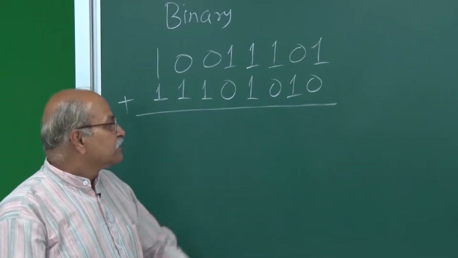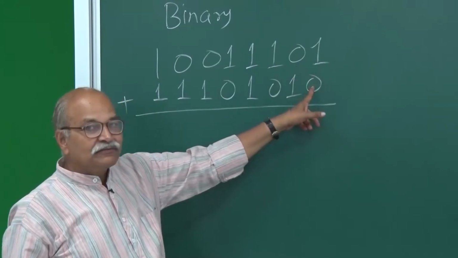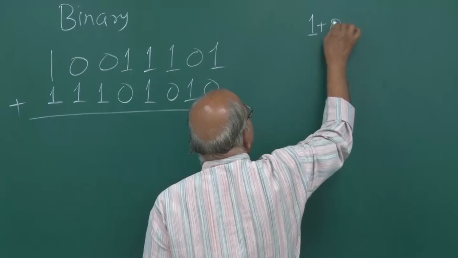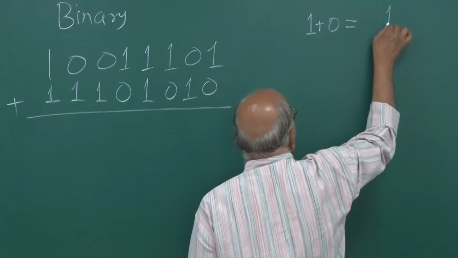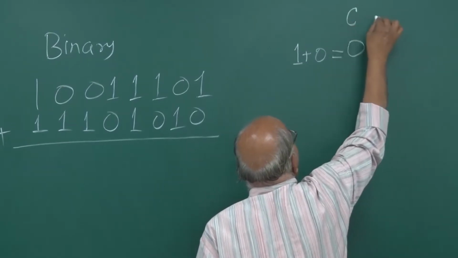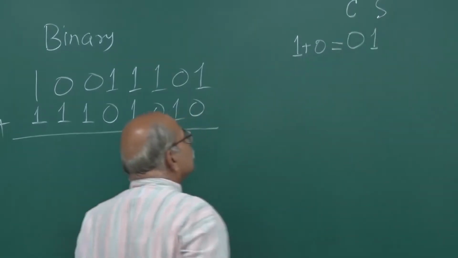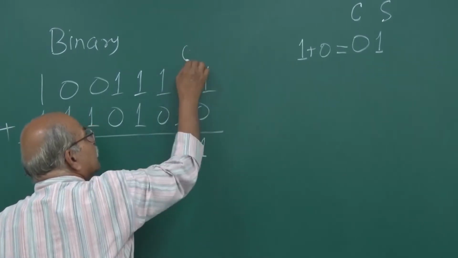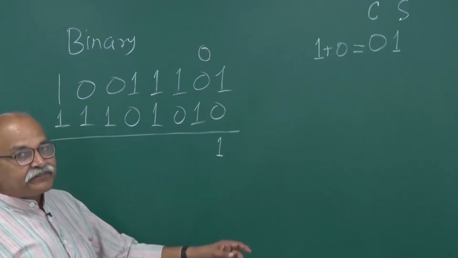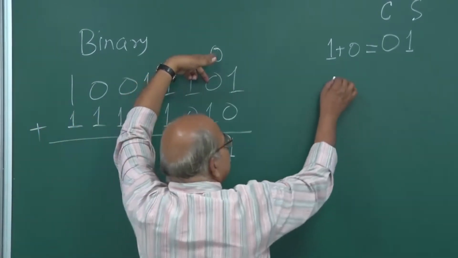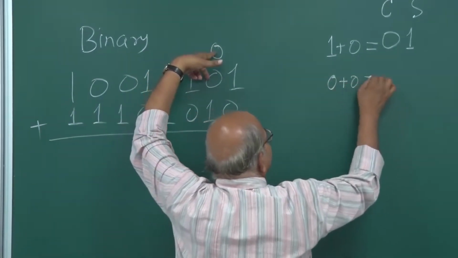So what do I need? 1 plus 0. I should know that 1 plus 0 is 1, and if I write 1, I also write 0 here. So this is the carry digit and this is the sum digit. So 1 plus 1 gives me a sum that I write here, and a carry I write here. Then 0 plus 0. I should know that 0 plus 0 is 0.